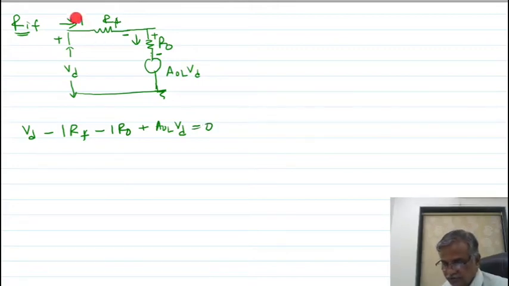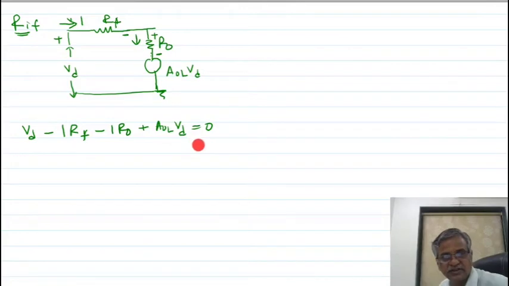Look here, this I have written minus, this I have written plus, because here the voltage is negative, it is an inverting amplifier. It is going from lower potential to, compared to here, negative. So while you are making the closed loop equation, this potential VD decreases, here is negative with respect to this. So while you are coming here, potential increases.